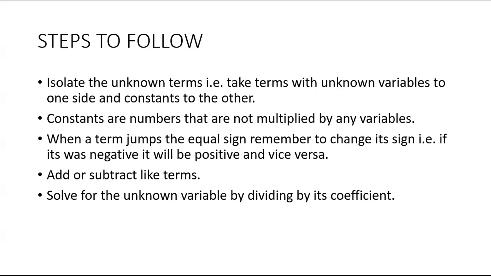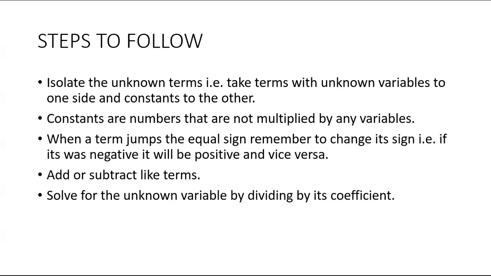Once you have transposed, add or subtract like terms, meaning that you have to apply the rules that you learned under adding or subtracting like terms. If the variable and the exponents are the same, you just add their coefficients, you keep the variable as it is. That is when you are adding unknowns.